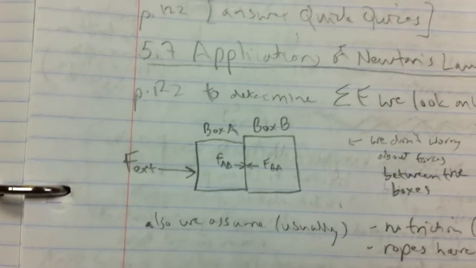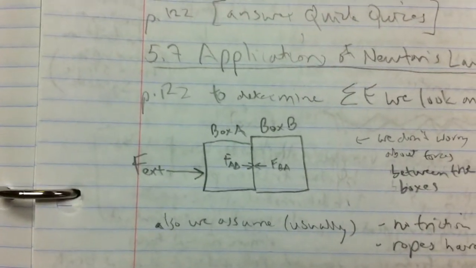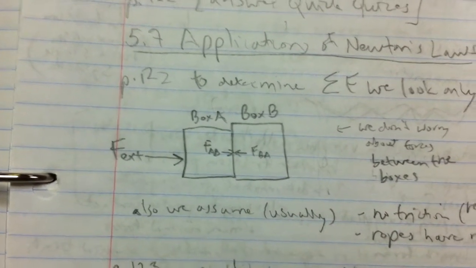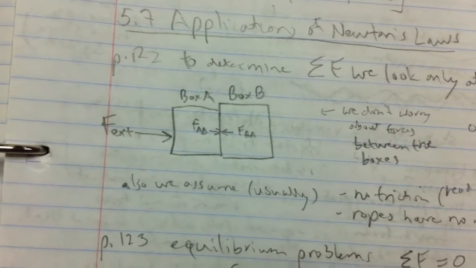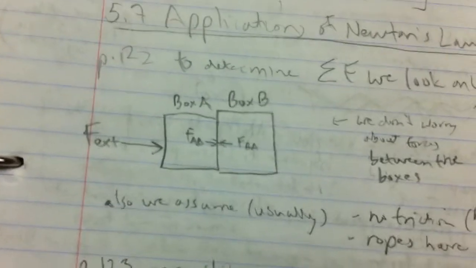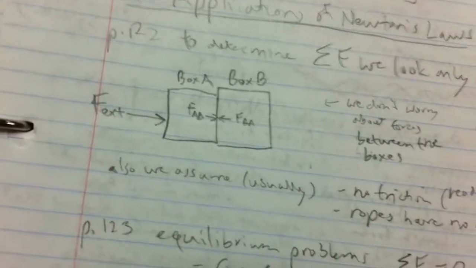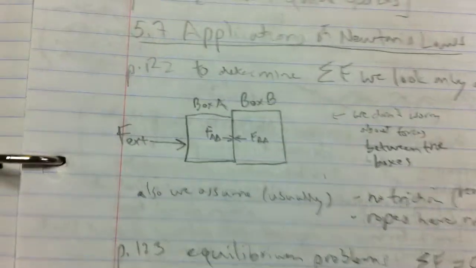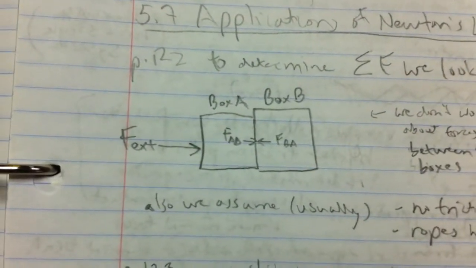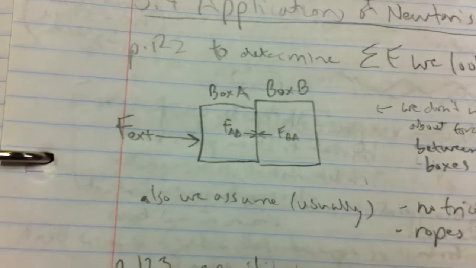When both boxes move together, we treat them as a system, and we don't worry about how much force is exerted by box A on box B and how much force is exerted by box B on box A. We treat them as a single system, and we're only concerned about what the external force is on both boxes.